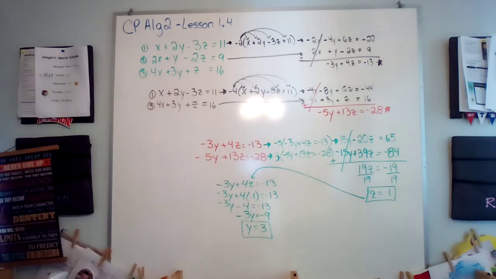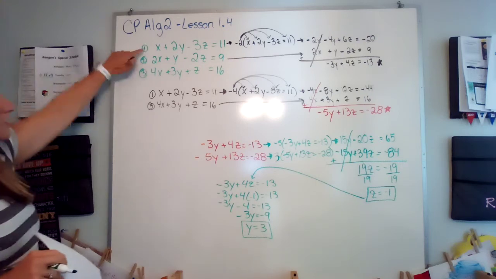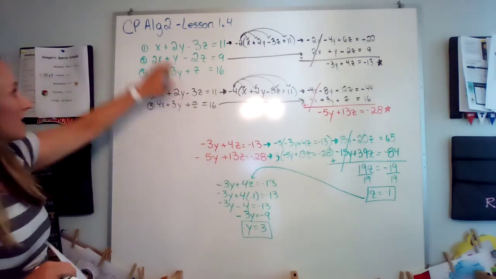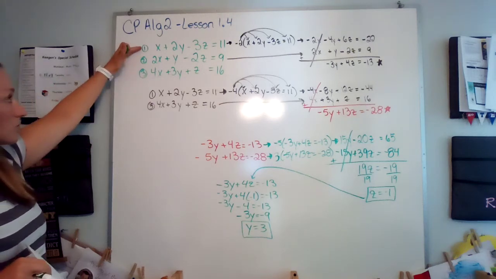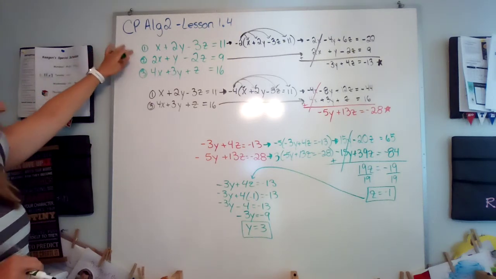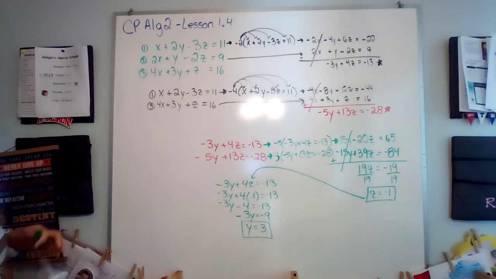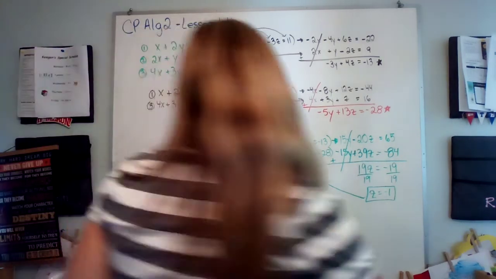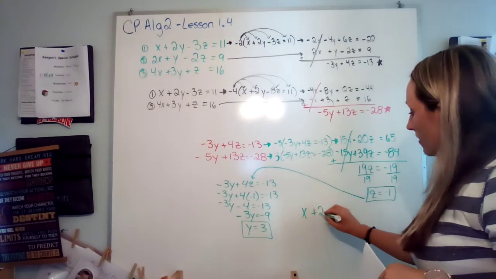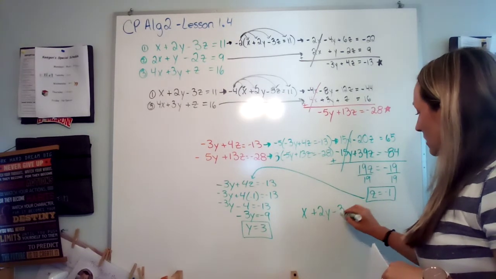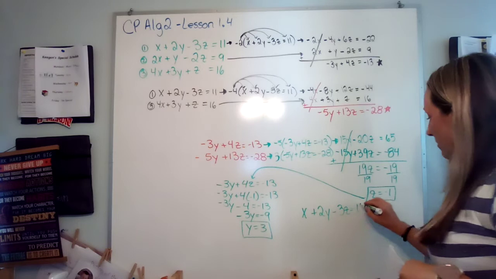All right, so we know y, we know z. The only thing we don't know is x. So you're going to take your y, your z, and plug back into one of the originals, and it's up to you. I'm going to work with the first one, just because the numbers are smaller. Work with the first equation in order to find x, okay? So I'll write x plus 2y minus 3z equals 11.